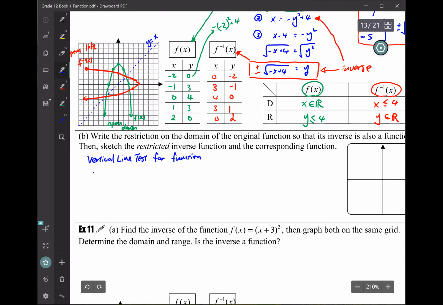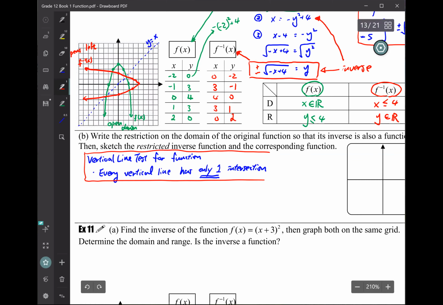So if you draw a vertical line, every vertical line has only one, this is the key, only one intersection. If every time you draw a vertical line, it only crosses the graph once, then you call that a function. Must have only one intersection only.